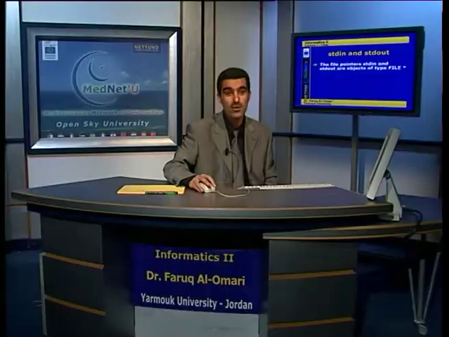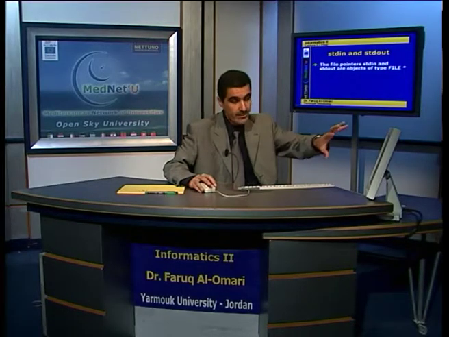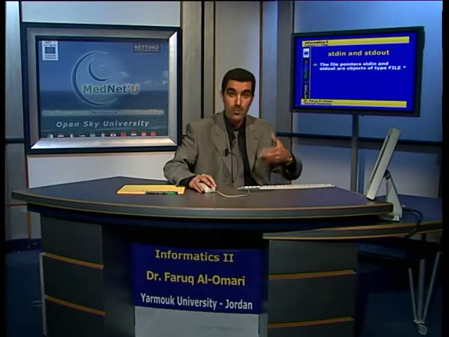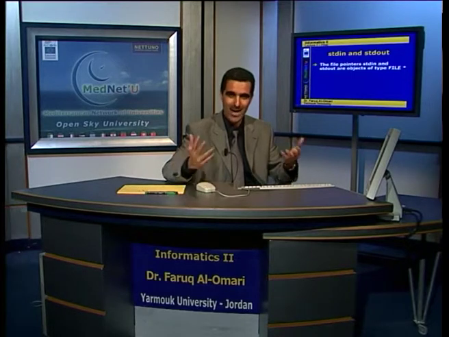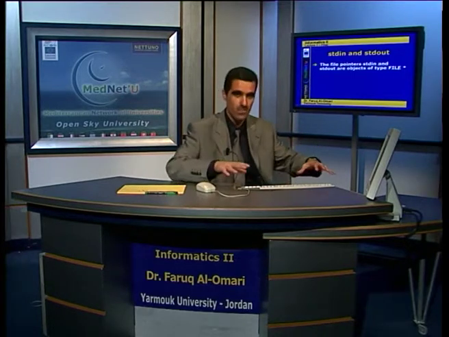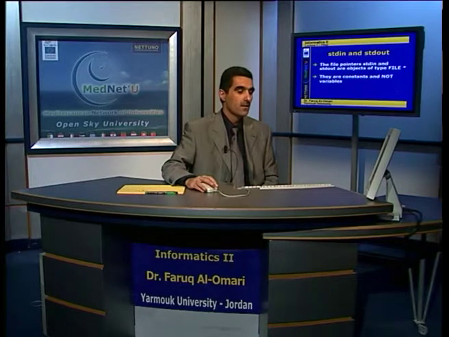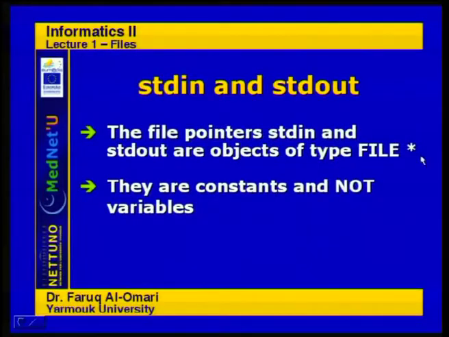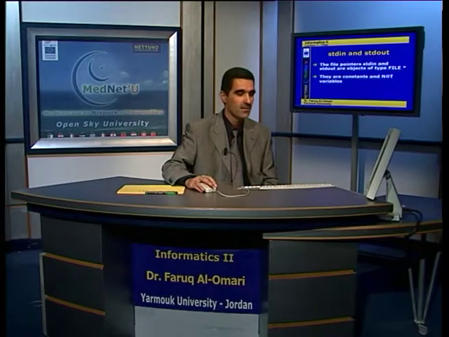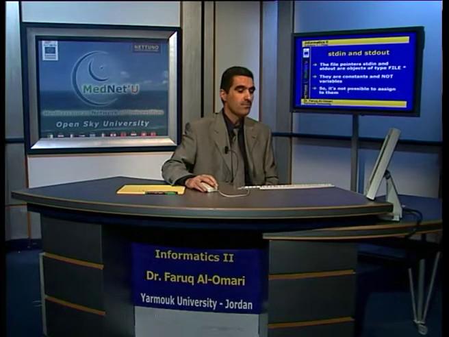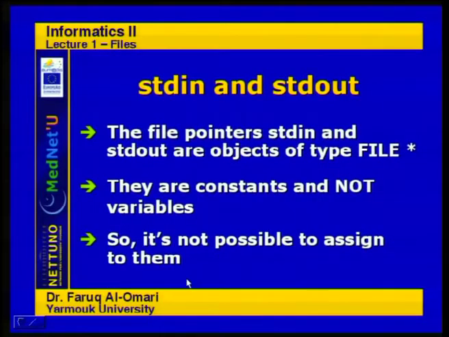So pretty much these stdin and stdout are pointers to special types of files, if you like, the keyboard and the display or the screen. They are constants and not variables. So I cannot change them, as a matter of fact. It's not possible to assign anything to them.